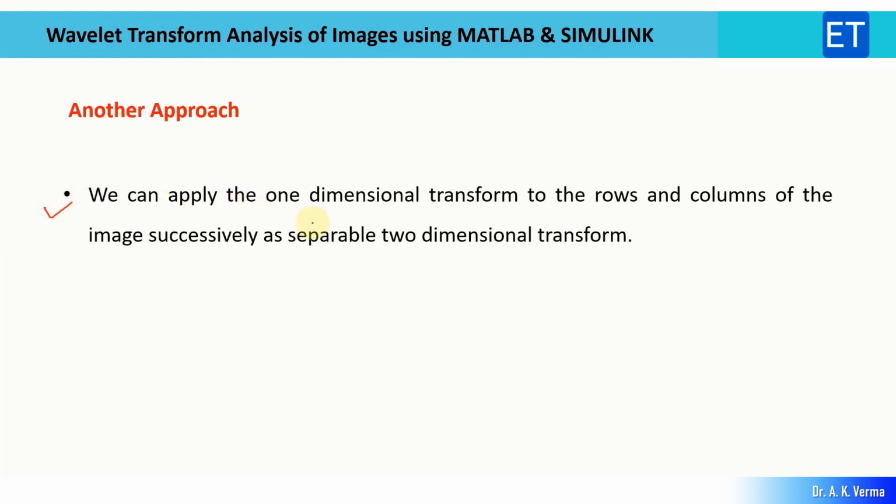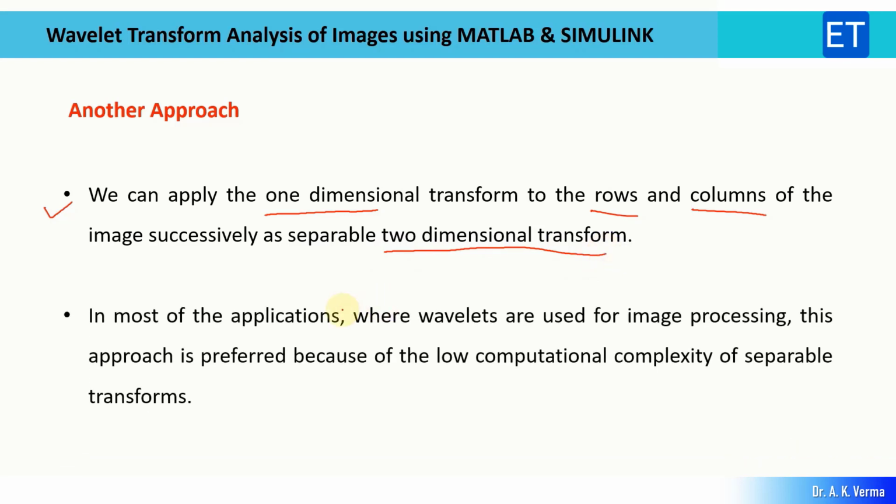That means instead of taking the two-dimensional wavelet, we will use the one-dimensional wavelet, and we will perform the row-wise as well as the column-wise operation to get the final two-dimensional transform. And in most of the applications where wavelets are used for image processing, this approach is preferred because it needs low computational complexity, for a separable transform.